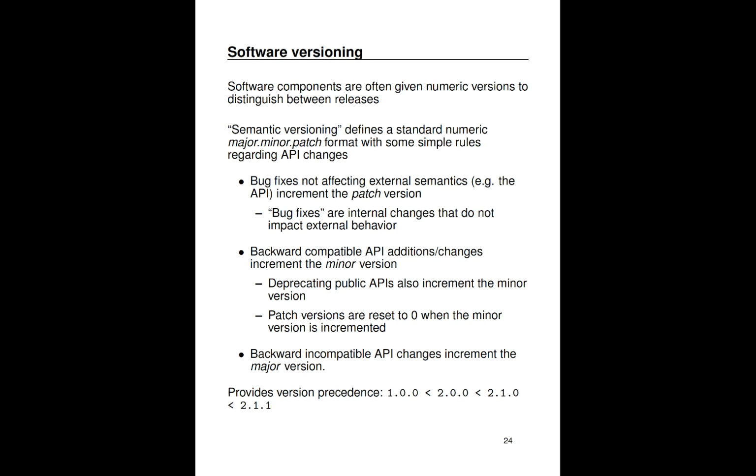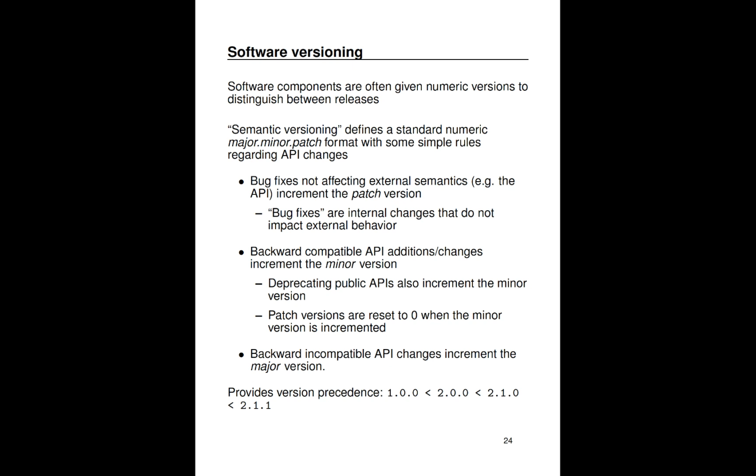Now, maybe there's a larger change that you're making. Maybe you're adding some new capabilities, adding new methods to call in your library, but haven't broken anything existing. That's when you'll want to increment the minor version. That's the second number in the semantic version. So, for instance, maybe you have an API that's still there, but you've deprecated, saying, I don't want anybody to use it going forward, I'm going to remove it eventually.